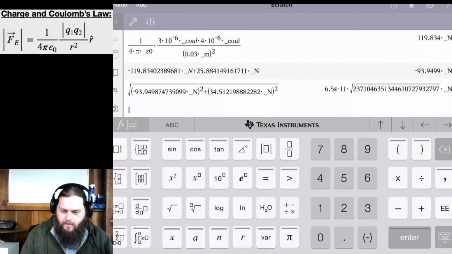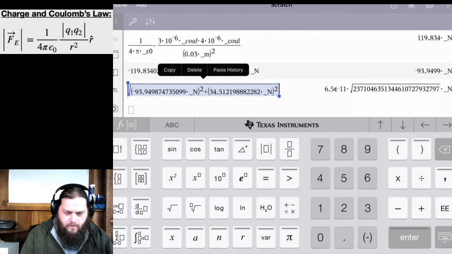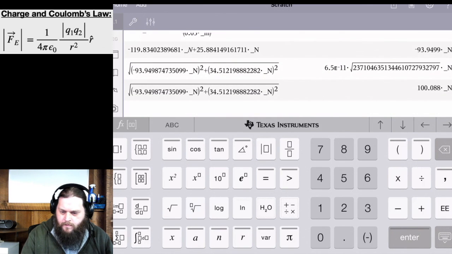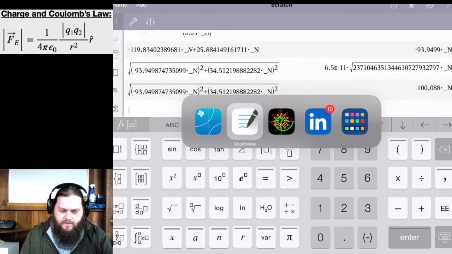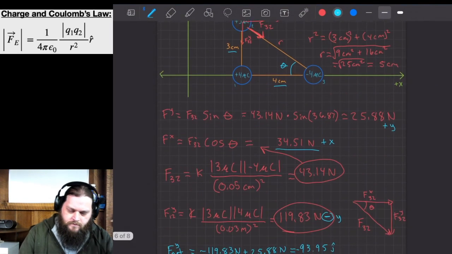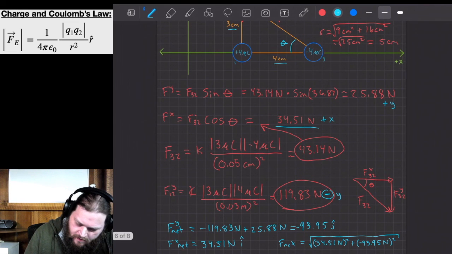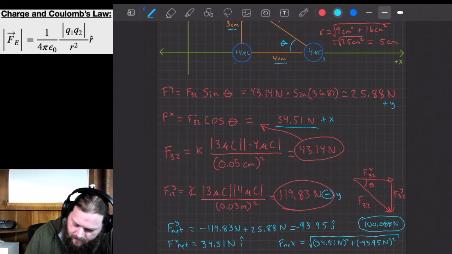It's going to be equal to 100.088 newtons, and that's the magnitude of the net force.